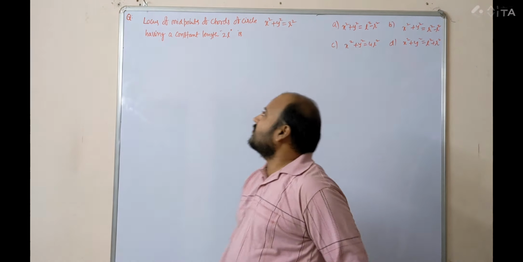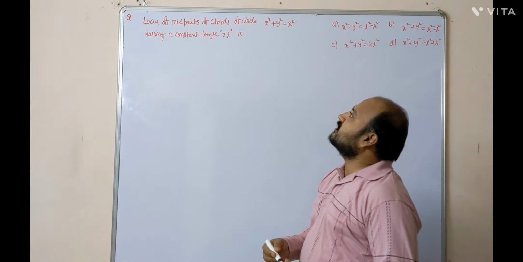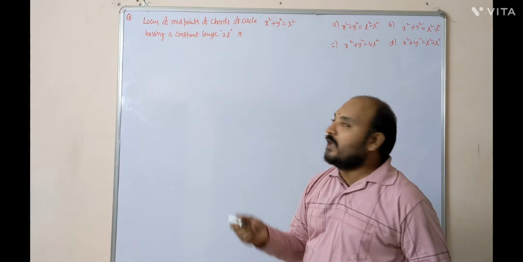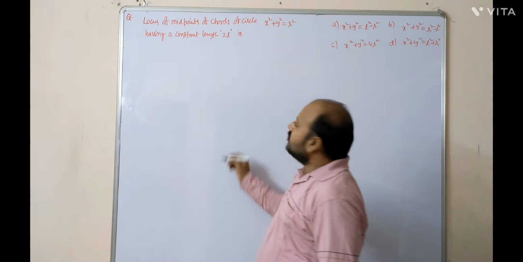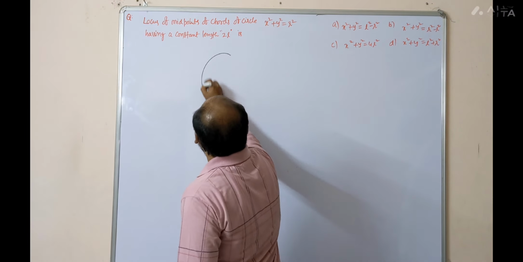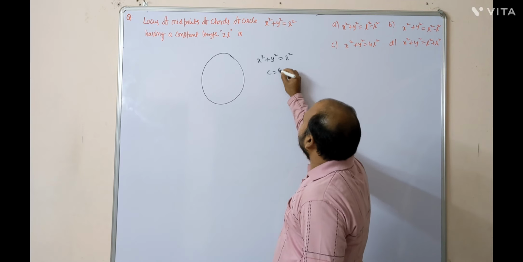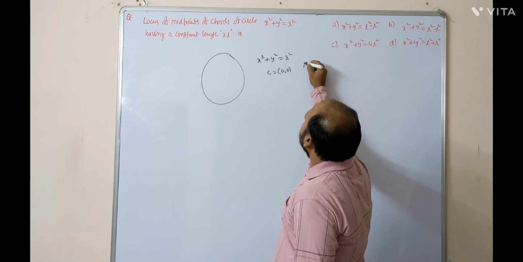The next question. The locus of midpoints of chords of the circle x square plus y square equal to r square, having a constant length 2l, is, options are given. So this is the circle equation x square plus y square is equal to r square, that means its center is 0, 0 and radius is r.